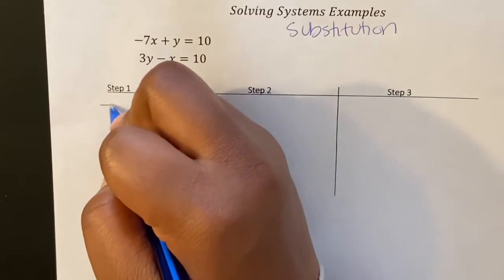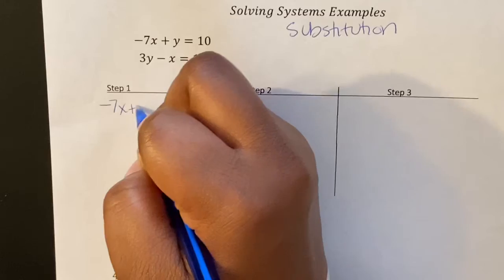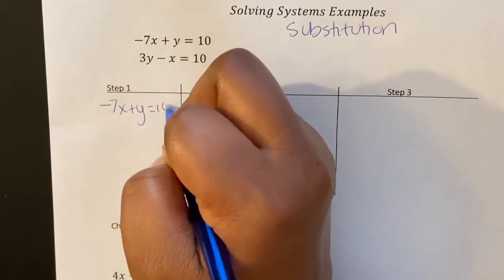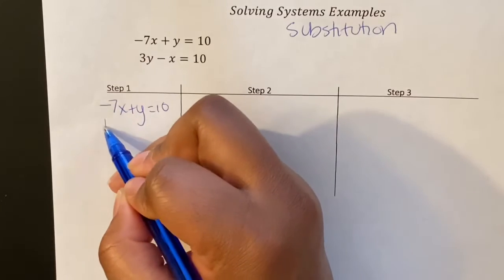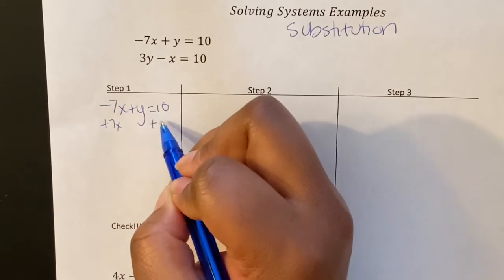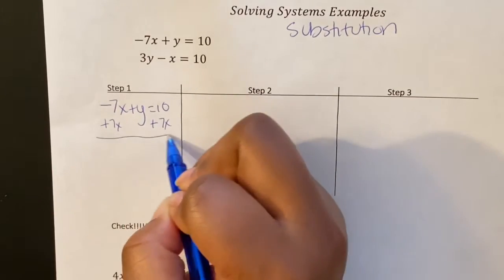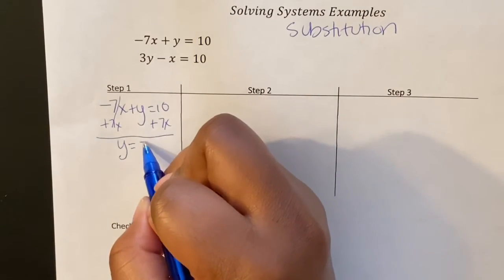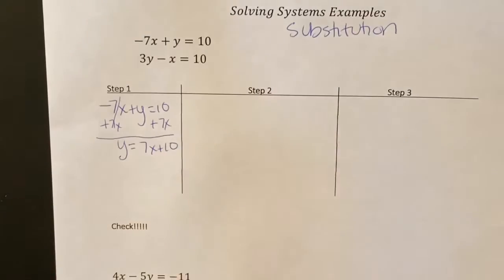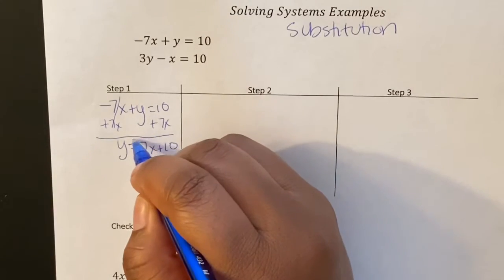So I'm going to take -7x plus y equals 10 and I'm going to solve it for y. I'm going to add 7x on both sides. That gives me y equals 7x plus 10. That's it for step 1. I got y by itself.